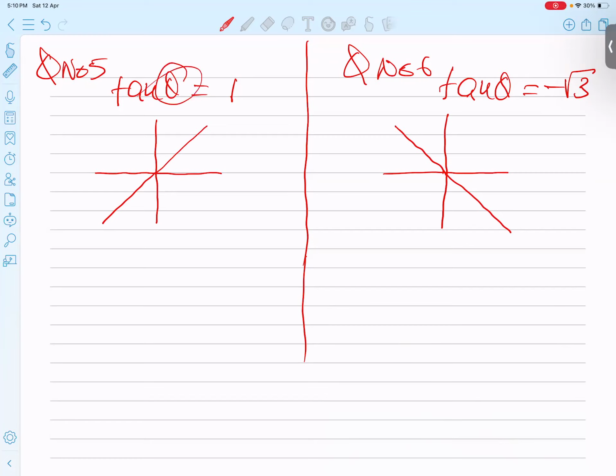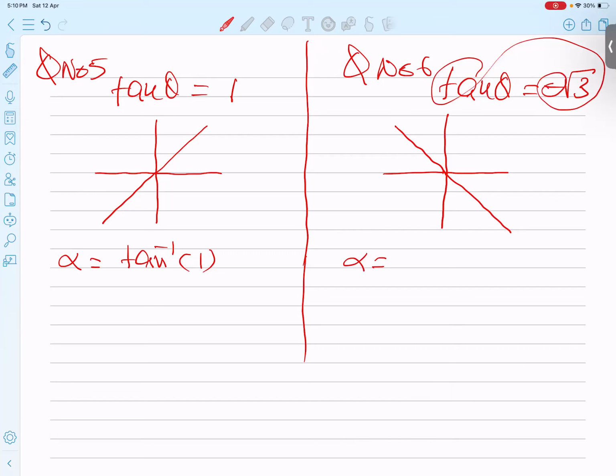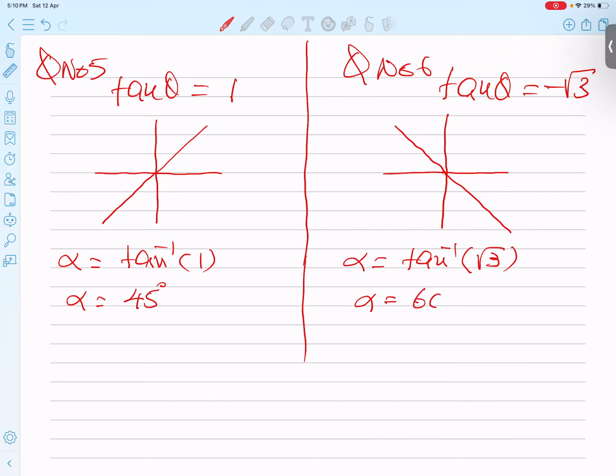After this, you will take this alpha. I have requested you, and tan will go on the other end. I said to you, whenever a negative sign comes, don't include the negative sign. Like this tan goes there, but don't take the negative sign. I have requested you, but still some students are putting it. Tan inverse of 1 is 45 degree and tan inverse of root 3 gives you 60 degree.